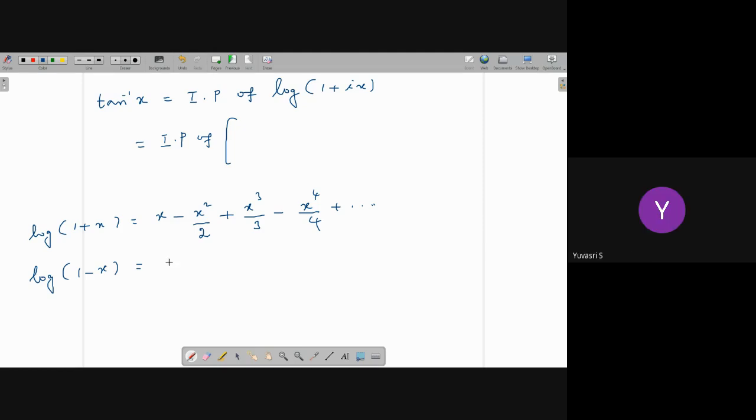Minus x plus x square by 2, so everything plus. I think we have minus everywhere.